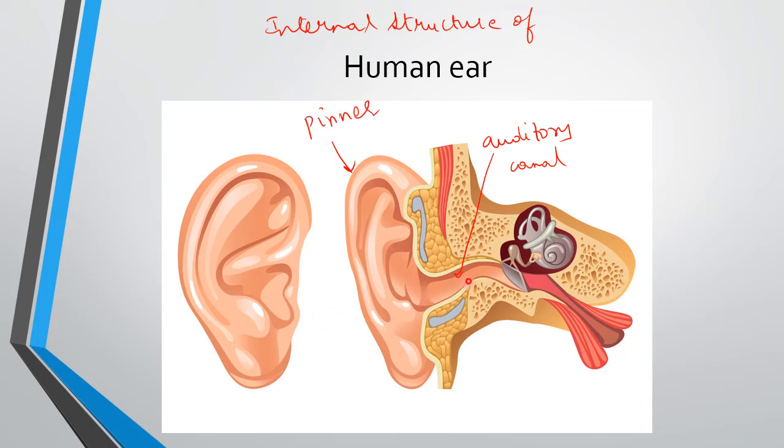So the sound wave reaches this auditory canal, and there in the middle ear you have an important part, which is the eardrum. What is the function of this eardrum? It is a thin membrane. What happens is, when the sound waves reach the eardrum, as you all know, the sound waves are made up of compression as well as rarefaction.